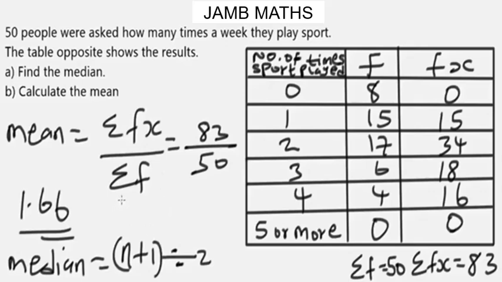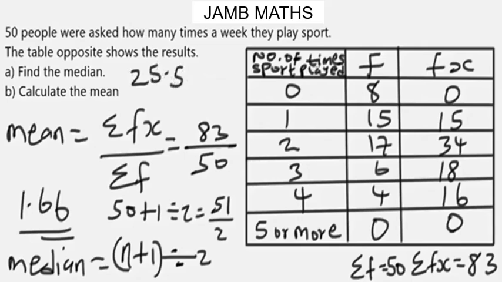So we have 50 plus 1 divided by 2, which will give us 51 divided by 2, which is going to give us 25.5. Now you check from this frequency data the values you'll be adding to sum up to around 25.5 thereabout.